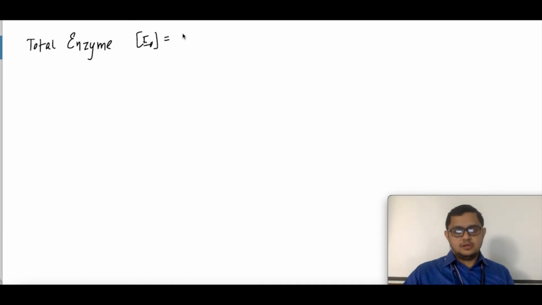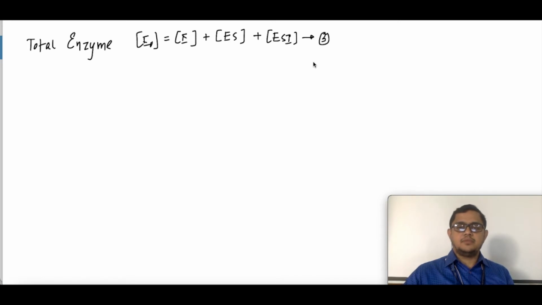To calculate that, I need to check what forms of enzyme are present in the system. Whatever enzyme you have added is either present as free enzyme, or as an enzyme substrate complex, or in the ESI complex. Let this be equation number 3.